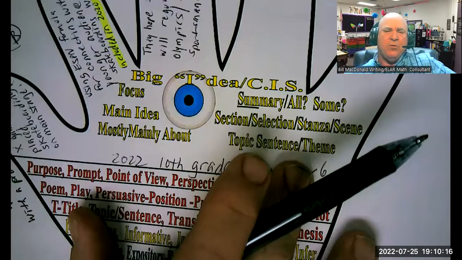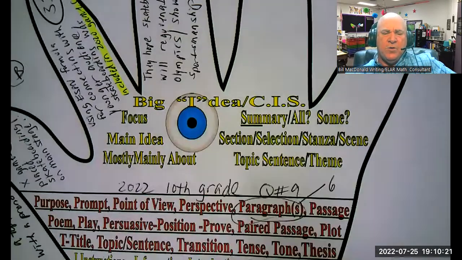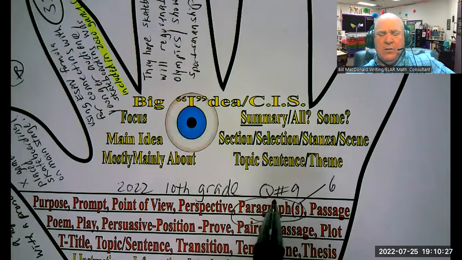That is my revising graphic organizer. It's the 2022 spring 10th grade test, question number 9. There's 9 revising, 9 editing in 2 different passages each. They asked us to go to a certain paragraph, paragraph number 6.